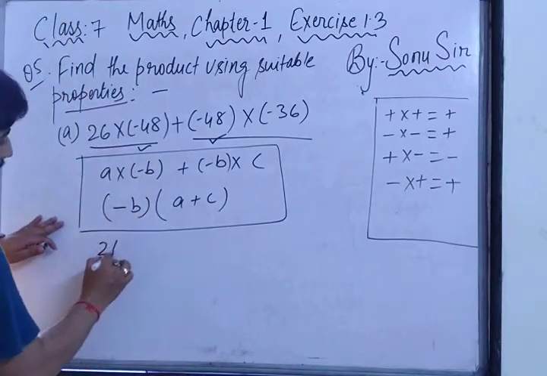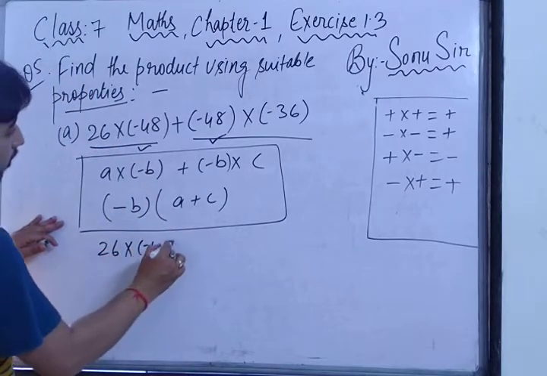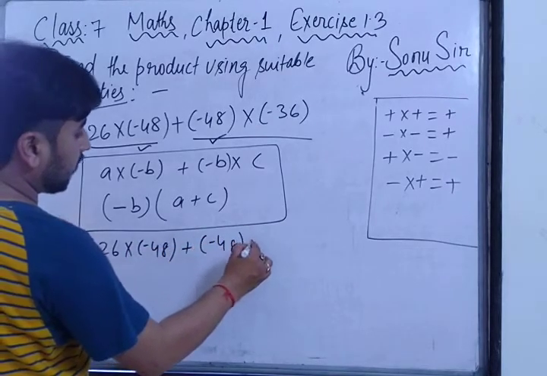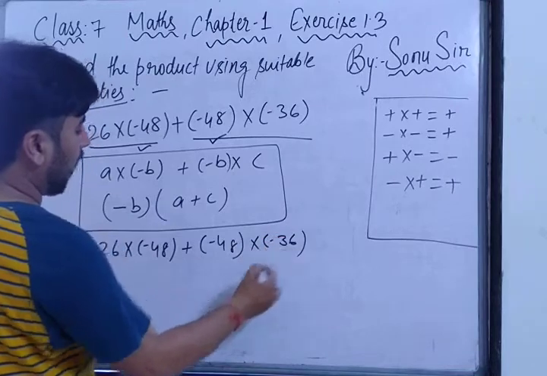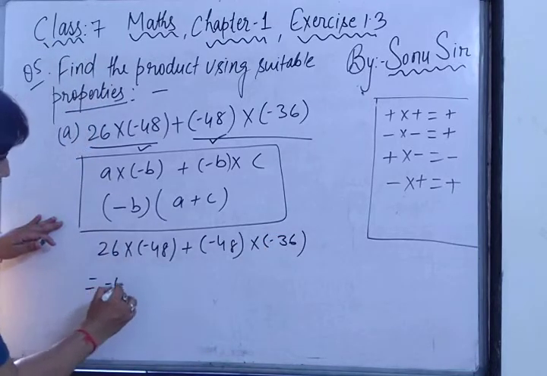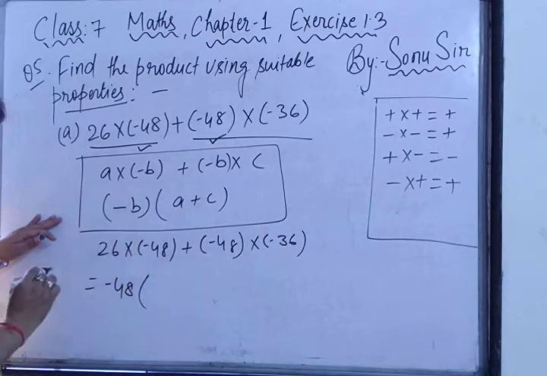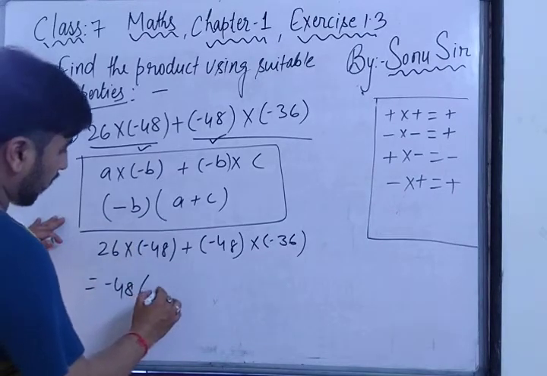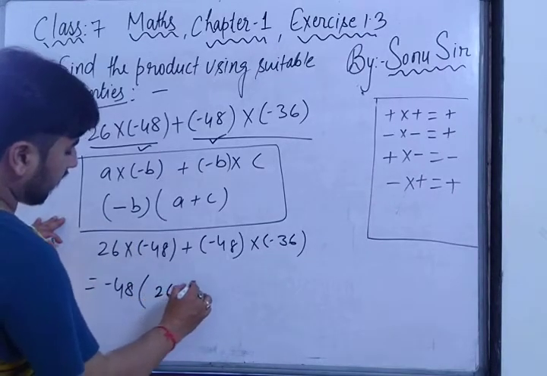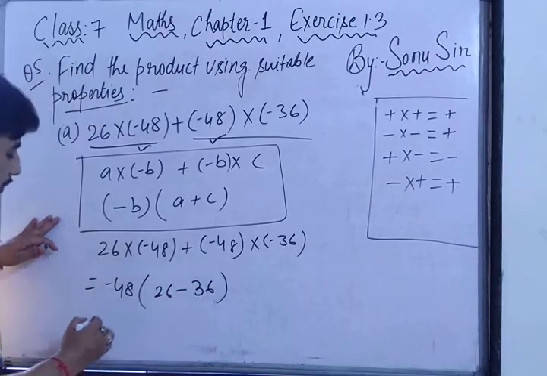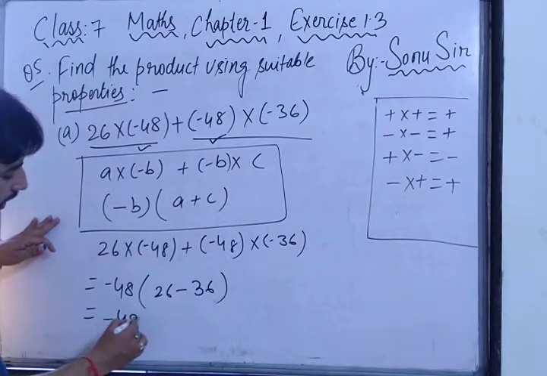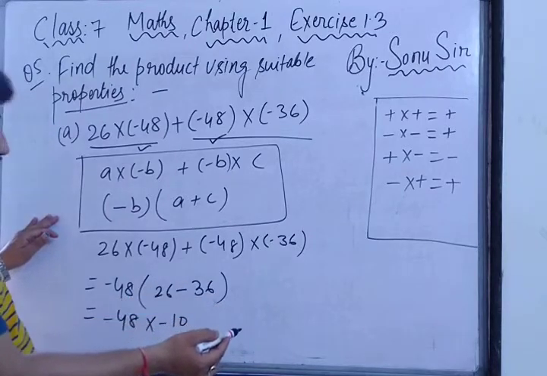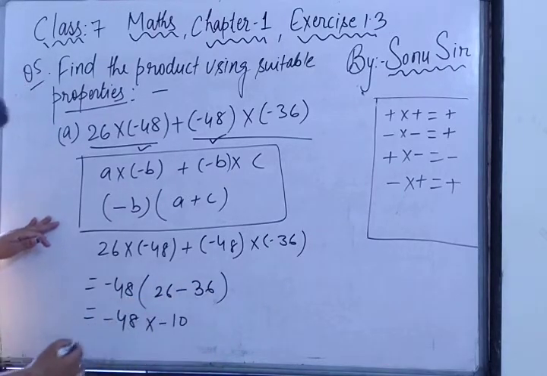See here, 26 into minus 48 and plus minus 48 into minus 36, right? So what I have to do is take minus 48 common, as I have taken minus B common here. So here what will be the value? 26 minus 36, can you tell me? 26 minus 36 is equal to minus 10. 26 plus 10 is 36, so 26 minus 36 is equal to minus 10.